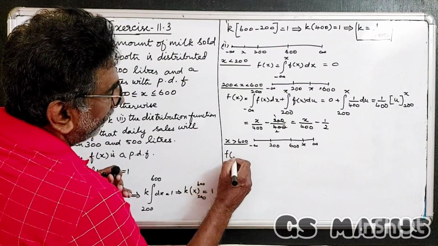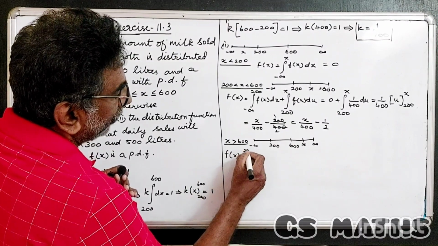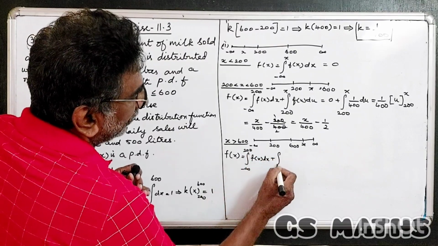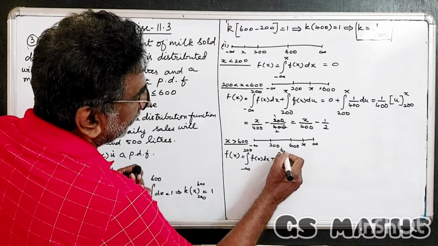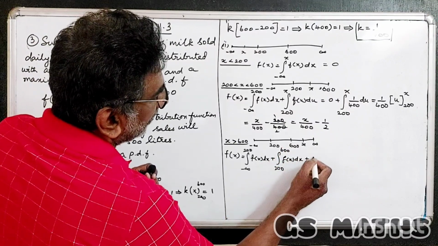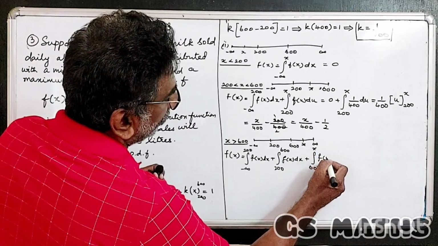So what is F of x? F of x is integral minus infinity to 200 f of x dx plus 200 to 600 f of x dx plus integral 600 to x f of u du.